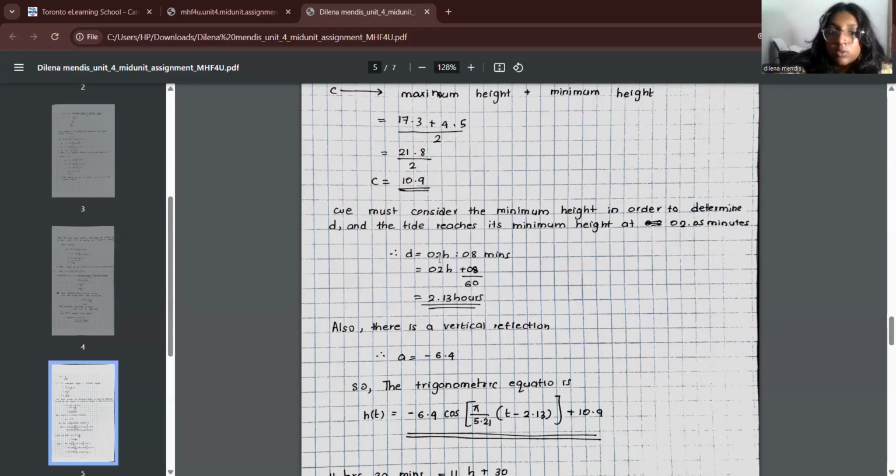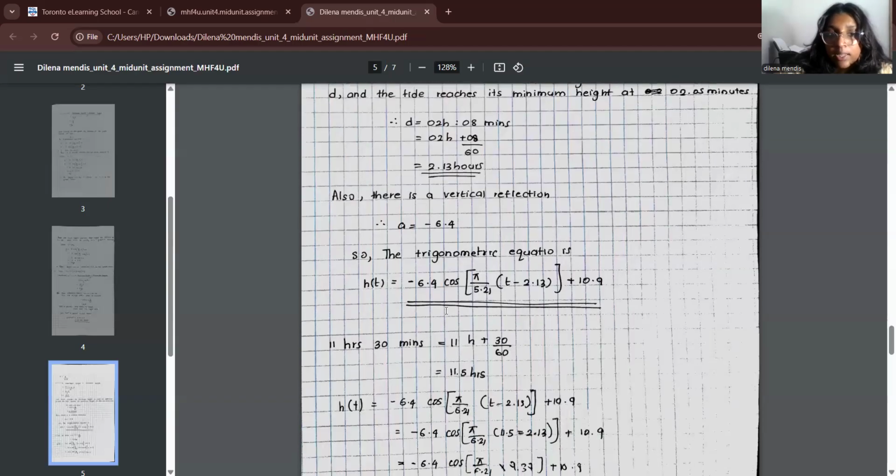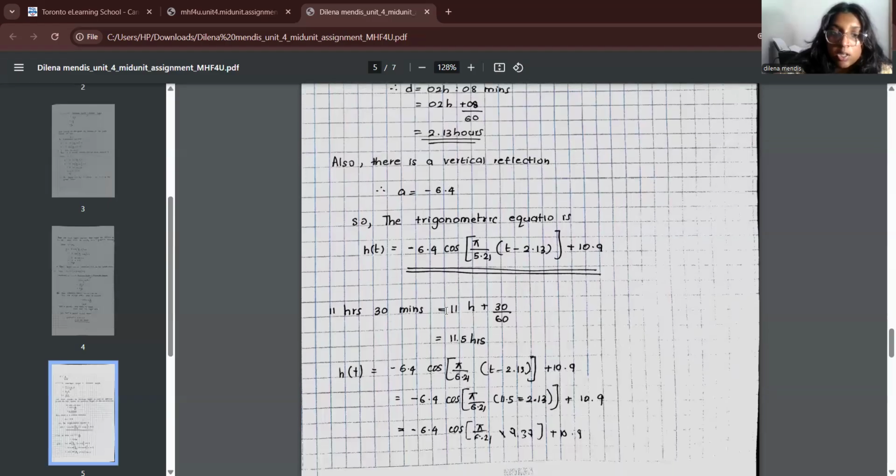Therefore, d equals 2 hours 8 minutes, and 2 hours 8 minutes divided by 60 will be 2.13 hours. Also, there is a vertical reflection. Therefore, a equals minus 6.4.